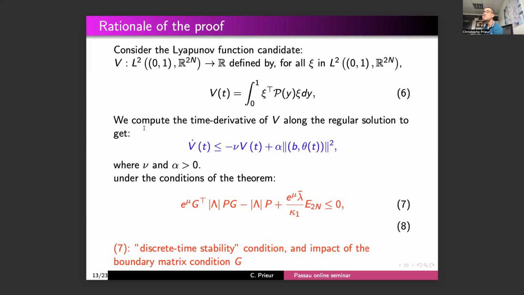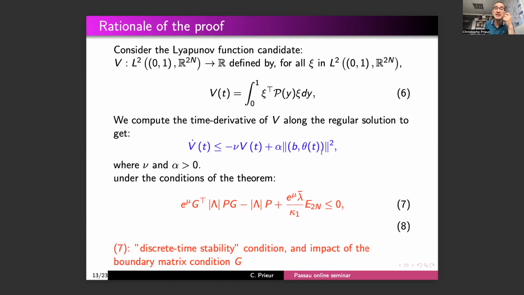Just by considering this Lyapunov function candidate, I compute the Lyapunov time derivative, and after quite a long and tedious computation, we can check that we have this inequality. It just means that the time derivative of the Lyapunov function candidate is smaller than minus nu V, where nu is positive, and alpha is also positive, times this quantity.